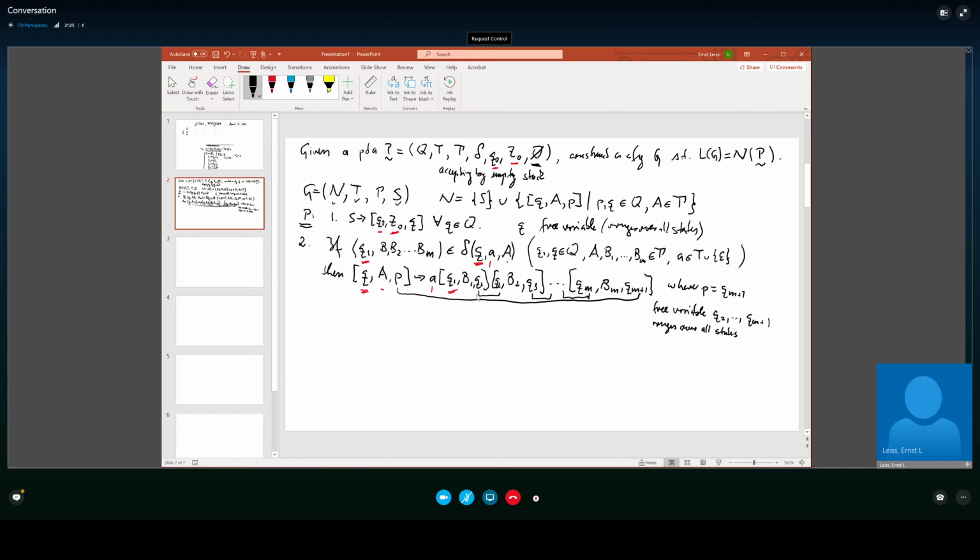So what that means is that since these are free variables, Q2 through Qm plus 1, and if we say we have n states in Q, then there will be n possible P's, and for each of the free variables Q2 through Qm, there are going to be n possibilities, so there are n to the mth different productions for each specific P. So since there are n P's, there will be n to the m plus first productions.